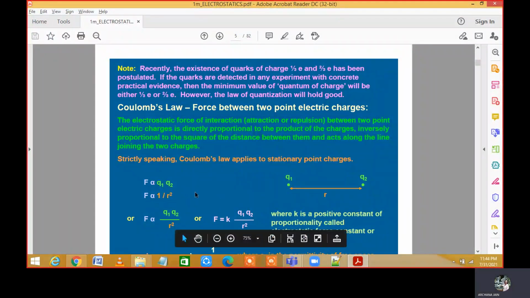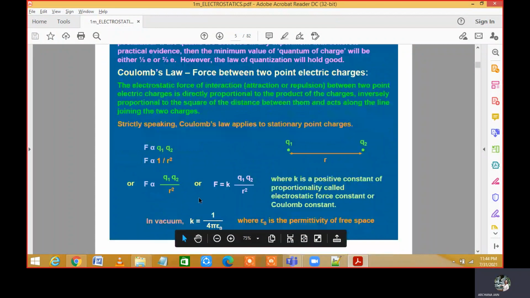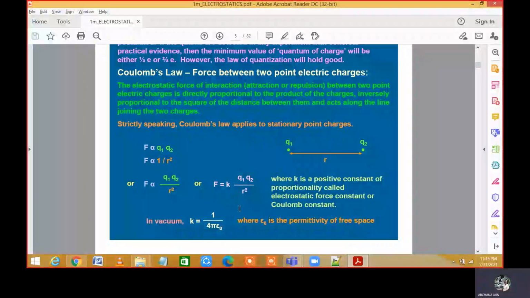When we combine these two, we get F proportional to Q1 Q2 over r squared. To remove the proportionality sign, we use a constant K, that is F = K Q1 Q2 / r², where K is the proportionality constant. For vacuum, the value of K is 1 upon 4 pi epsilon naught, where epsilon naught is the permittivity of free space.